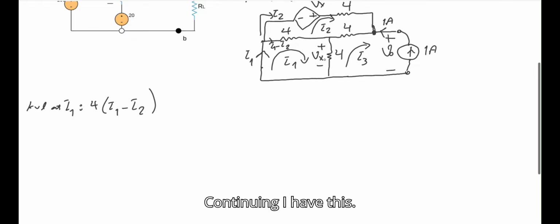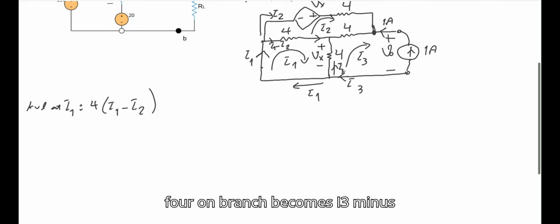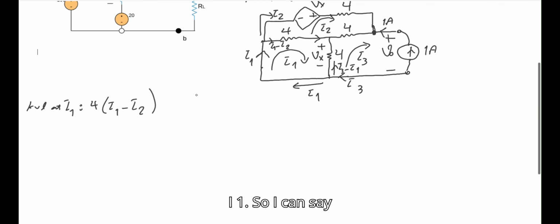Continuing, I have this Vx, so I can say plus Vx. And then this I3 is the current of this branch, I3, and then I have I1 over here. So the current of this 4 ohm branch becomes I3 minus I1.